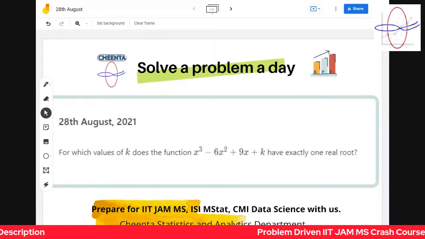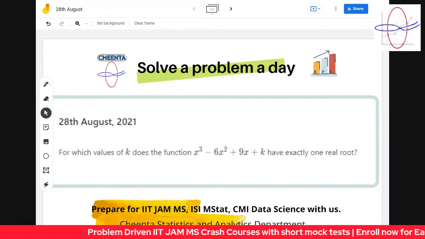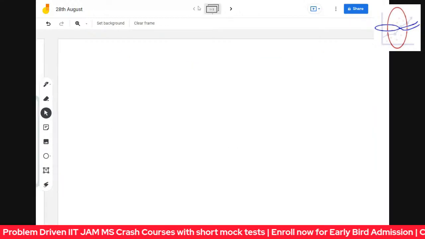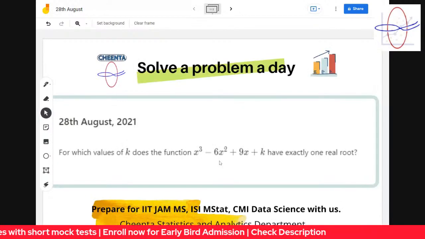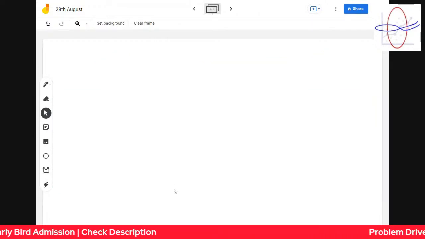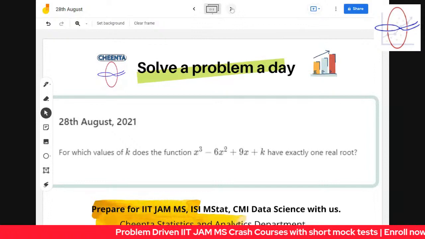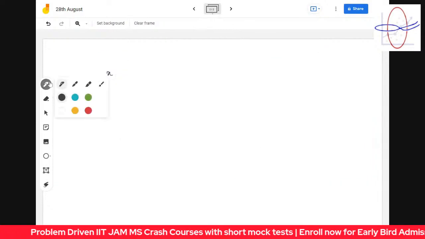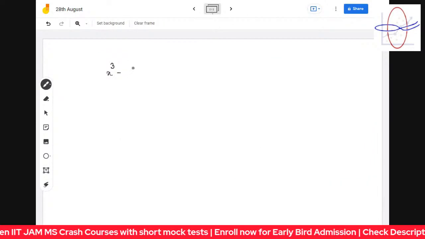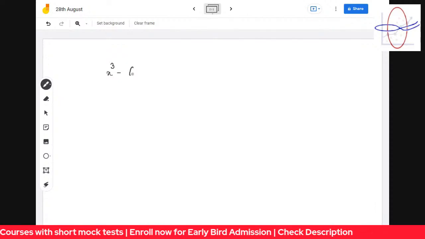You know from the theory of algebra that a cubic polynomial will have at most three real roots, and also let's use something interesting. It's a cubic polynomial, x cube minus 6x squared plus 9x plus k.